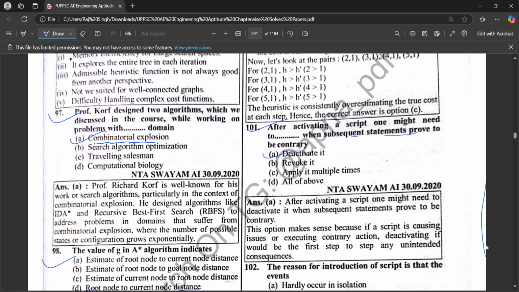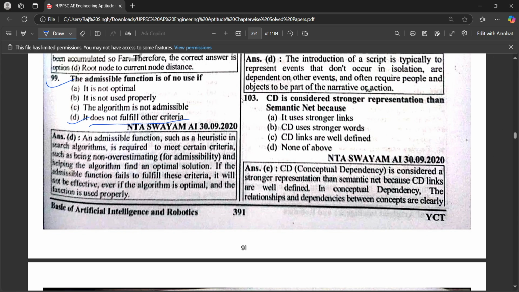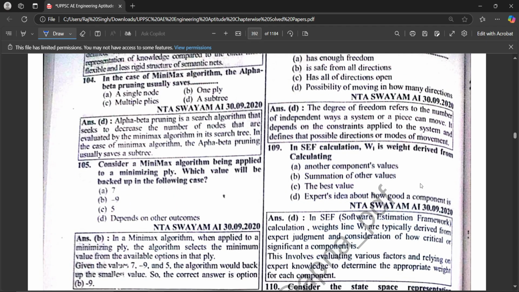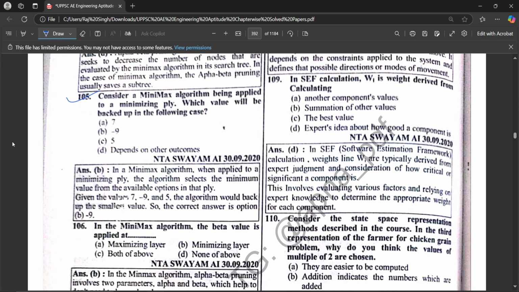The reason for the introduction of script is that of event, which is all of the above. CD is considered a stronger representation than semantic net because CD links are well defined. In the case of the minimax algorithm, alpha beta usually prunes a subtree. Consider a minimax algorithm being applied to a minimizing player.